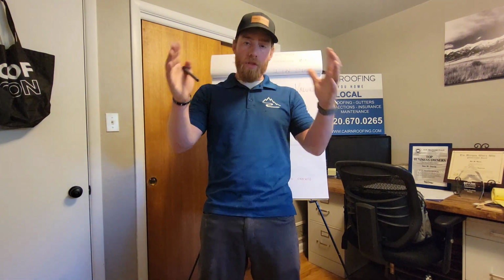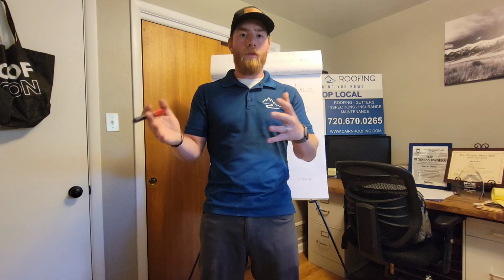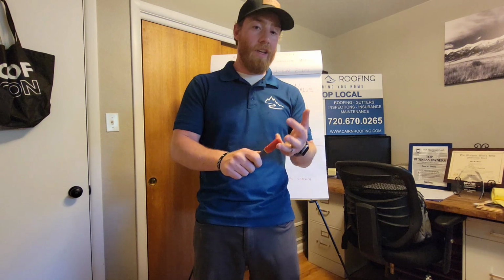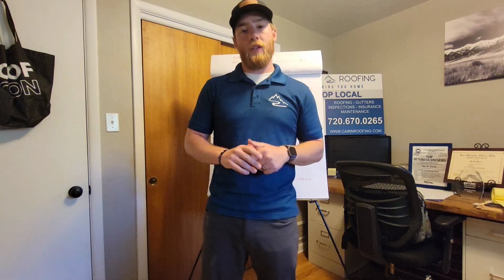So that's all the main terms related to your insurance claim. You got your ACV, you got your depreciation, you got your deductible, and you got your RCV, your supplements, your PWIs, and all of that should be something that your contractor can sit down with you and discuss in further detail if you have any questions about it.